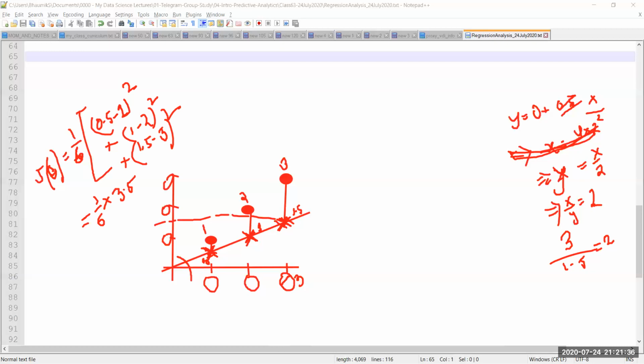It's 3.5 divided by 6, approximately 0.58. This is for j of 0.5. Theta 1 is what we are trying to minimize, and in this case theta 1 is 0.5. In my earlier page, I saw that for theta 1 equal to 1, the value was 0. And for theta 1 equal to 0.5, it is close to 0.58, or approximately 0.6.